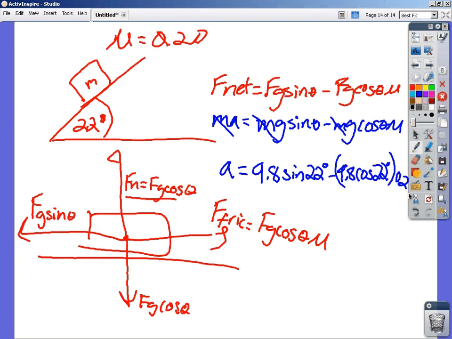This is M2. So the way my free body diagram changes is now I'm also going to have the tension force pointing this way. And the tension force is just going to be equal to this. So here we'd say tension has to equal M2 G. So this equation would change because now you're going to have two things you're subtracting.